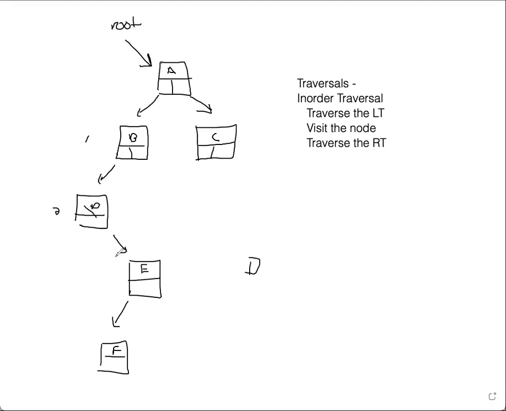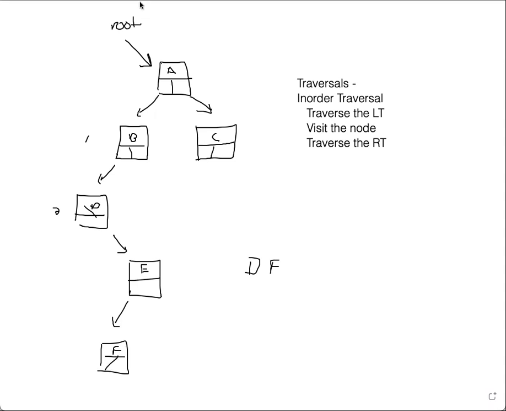We've now marked that off. So visit the node, traverse the right. I traverse the right to E. I'm now here anew, so I go back to step 1, traverse the left, and now F is the second. I try to traverse the left here, I can't. Visit the node, mark it out.